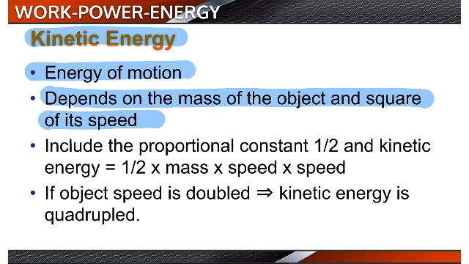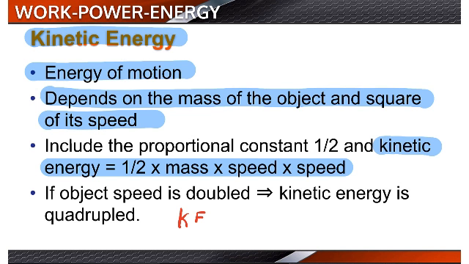For this, we're going to use kinetic energy equals 1/2 times the mass times the speed squared, or a simpler way to write that would be KE equals 1/2 mv squared.